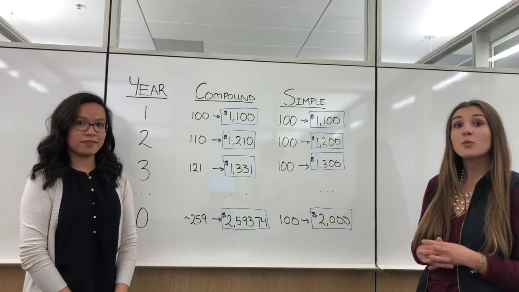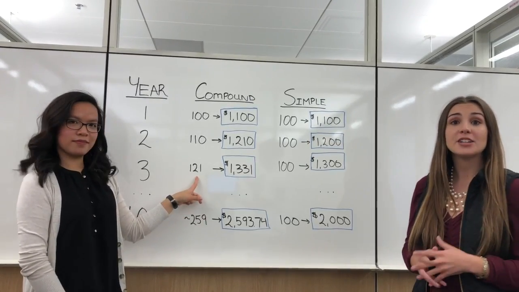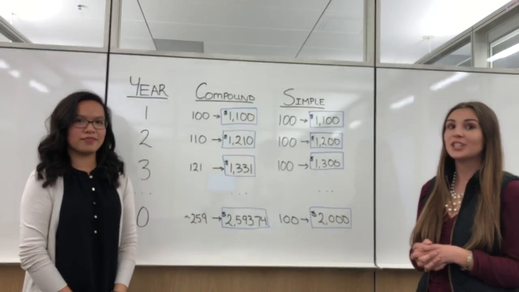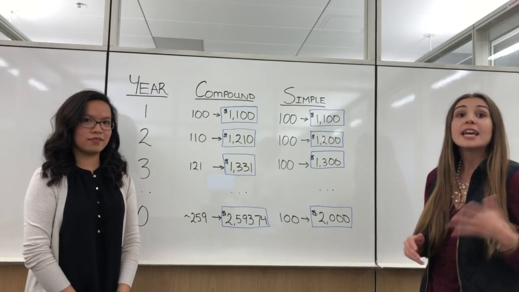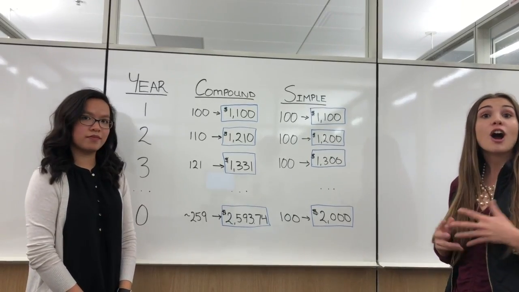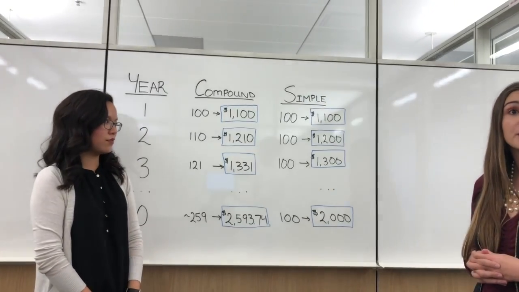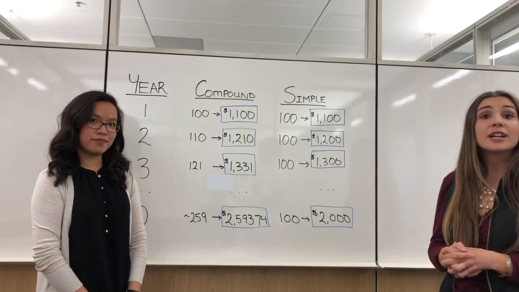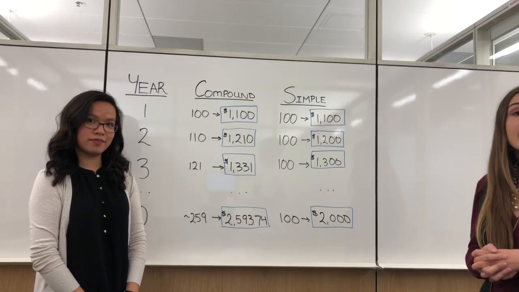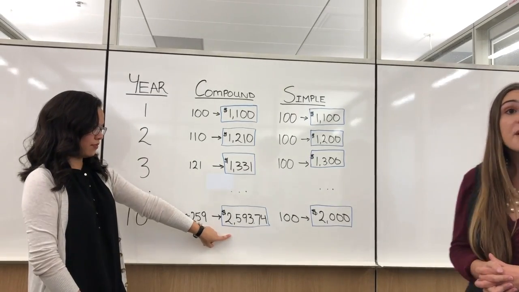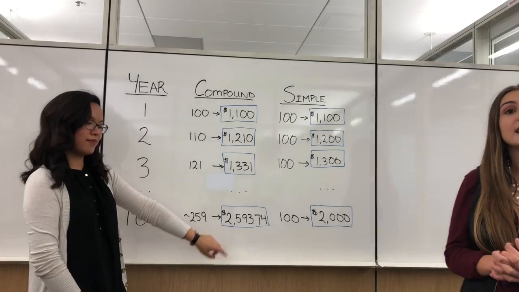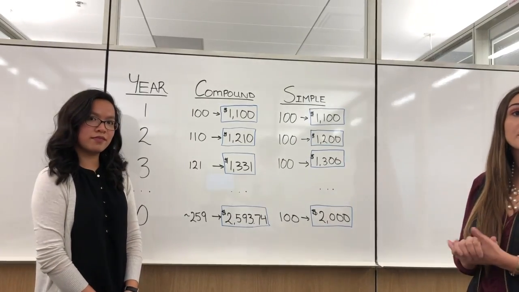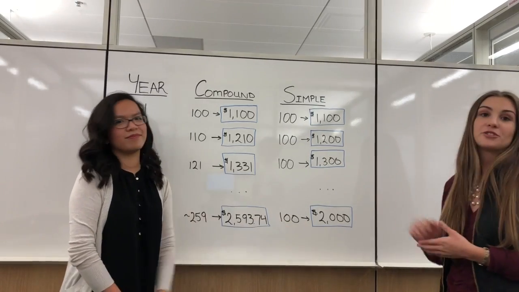And the year after that, we'll earn $121 in interest, and our total sum will have grown to $1,331. If we had used simple interest, our total by the end of the third year would be $1,300. And if we look at what our total would be in 10 years, it will have grown to $2,593.74. That's almost $600 more than we would have earned if we had used simple interest.